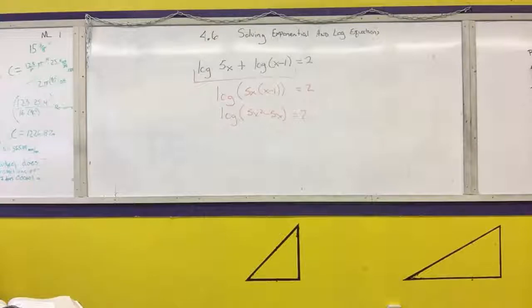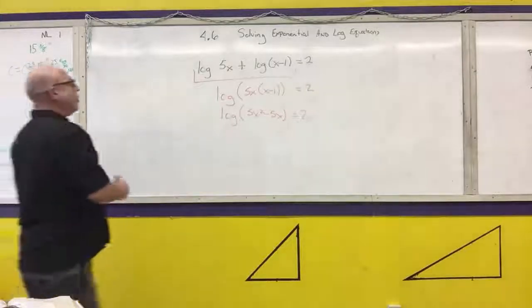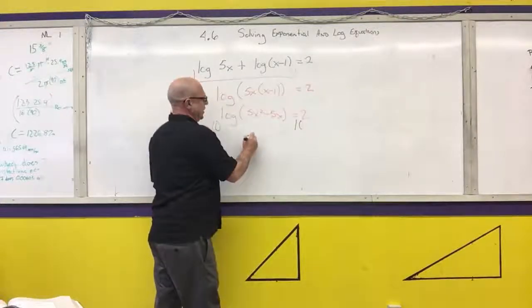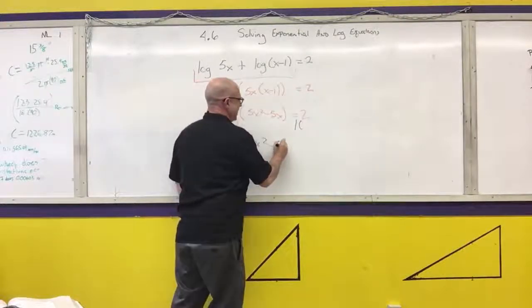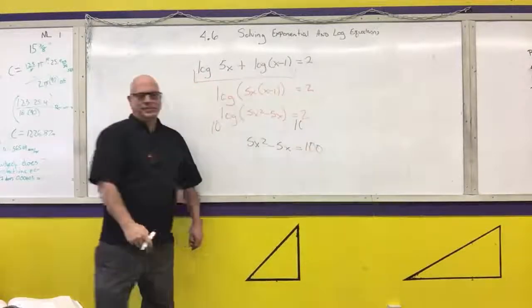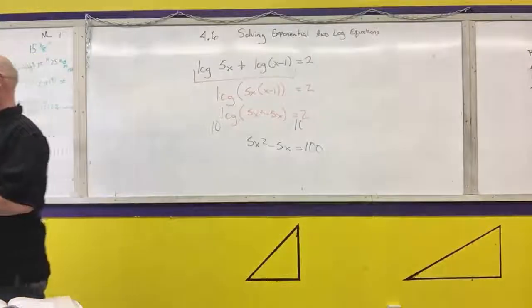What am I going to do to get rid of that single logarithm? With what number? Exponentiate with a 10. Uh-oh. That gives me 5x squared minus 5x equals 100. What kind of equation is that?